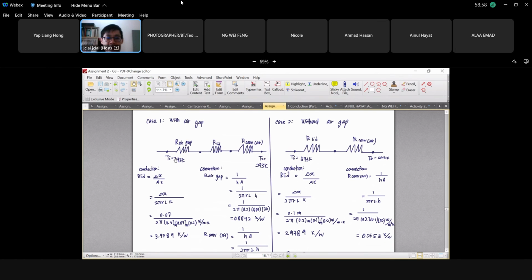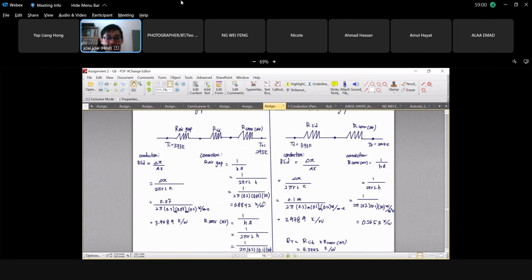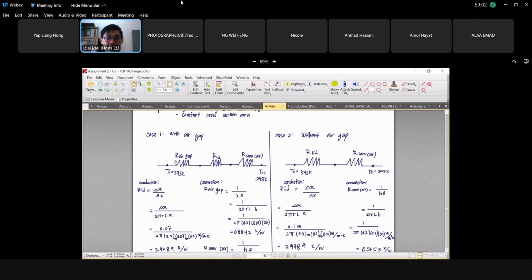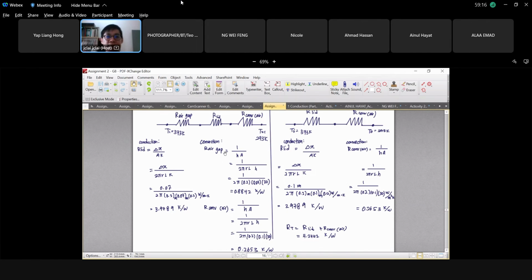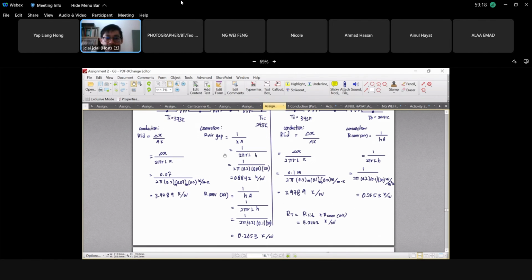Group 8: air gap, lead, and lead. Circuit diagram is correct. Series. I think 8 looks correct. 6 is correct. The rest are wrong.